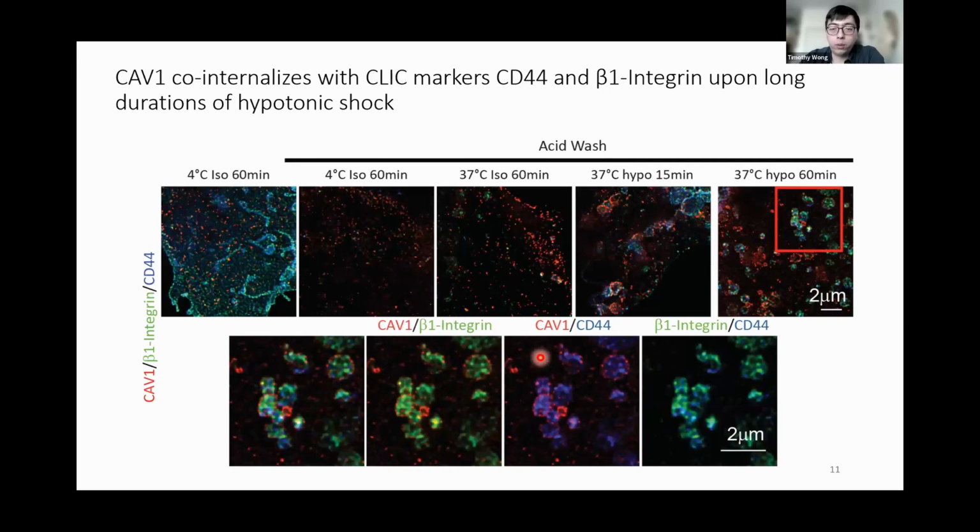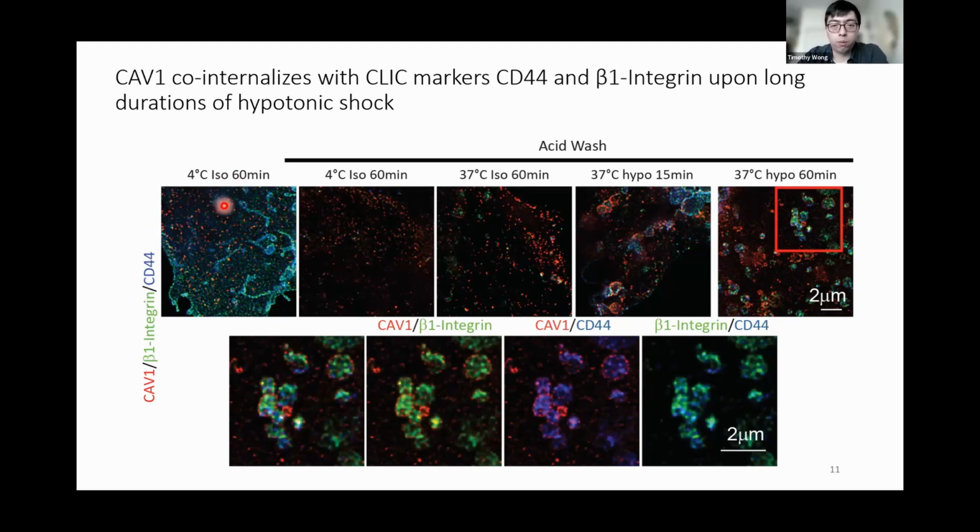Knowing that, we then performed an antibody internalization assay to prove that these structures are being internalized and are endocytic. Because we knew these structures contain CD44 and beta-1 integrin, and these are cell surface proteins, we could add antibodies to these two targets along with the hypotonic or isotonic media.